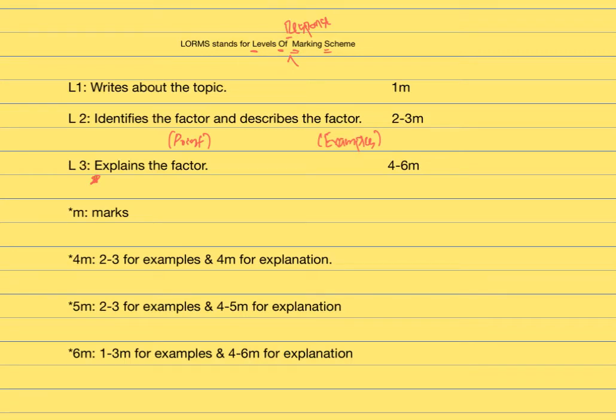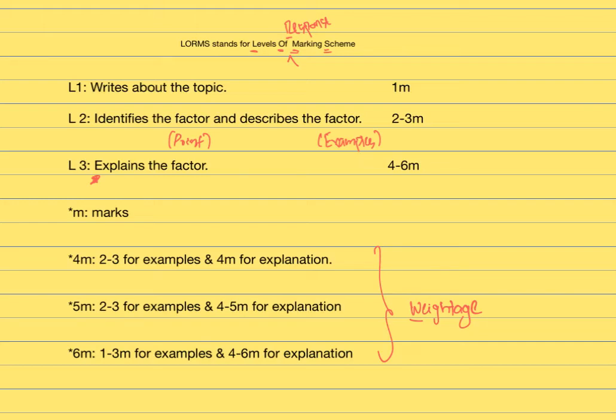So M is marks over here. You see 1M means 1 mark, 2 to 3M means 2 to 3 marks, and 4 to 6M means 4 to 6 marks. So the question demands in the last part over here depends on the weightage each question gets. So typically there could be a 4-mark question, a 5-mark question, or a 6-mark question.